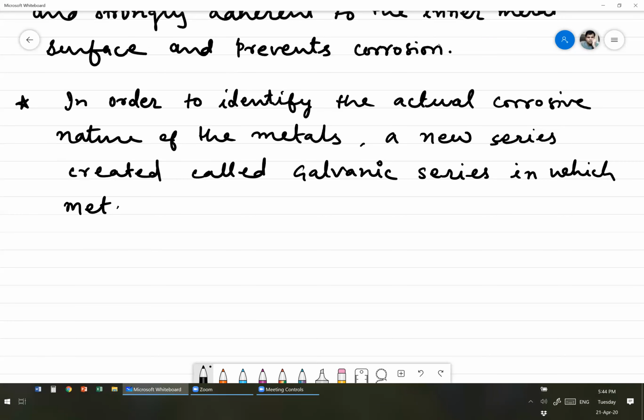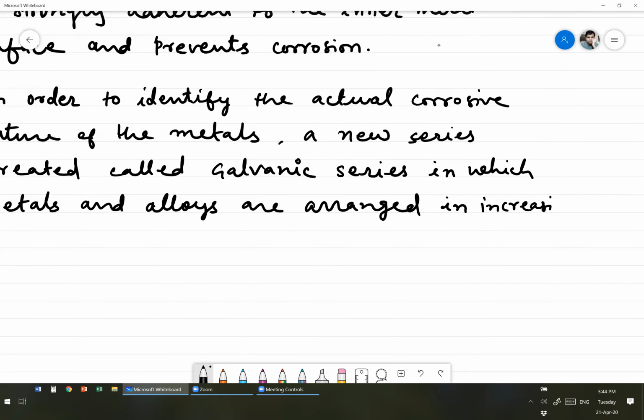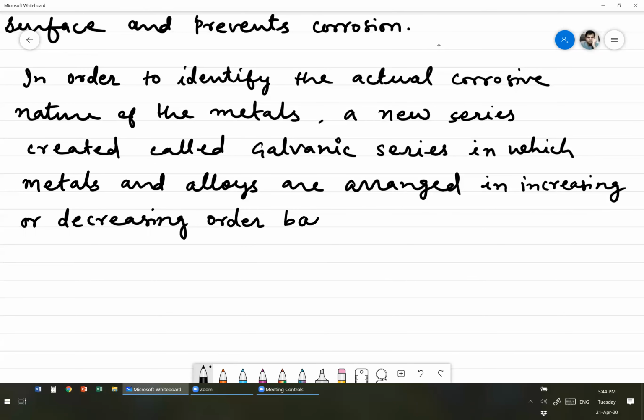Metals as well as alloys are arranged in increasing or decreasing order based on their corrosive nature.